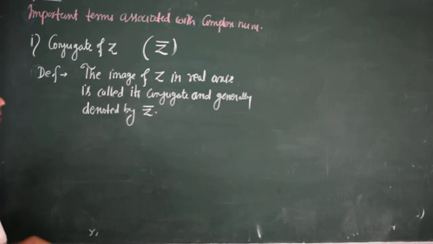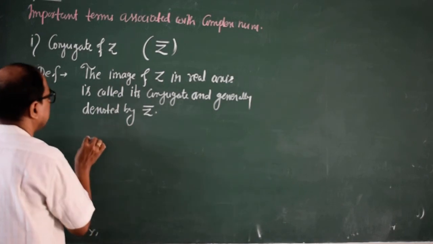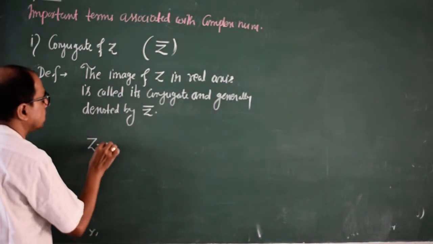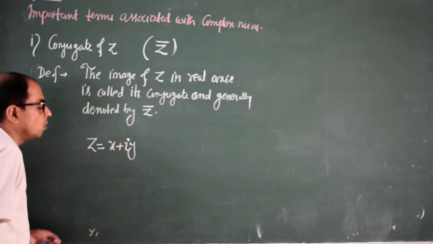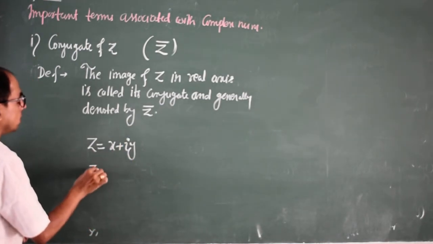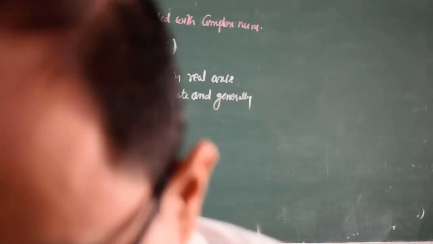So let us see, if z is equal to x plus iota y, what will be the formula of z conjugate.